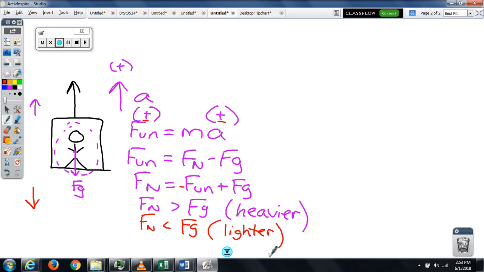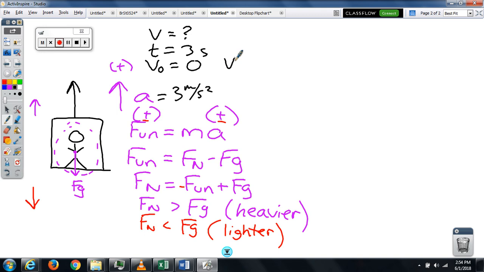Now, here we're dealing with one-dimensional motion. So if you knew the acceleration, for instance, was 3 meters per second squared, and you wanted to know how fast the elevator would be moving after 3 seconds, given that you have the acceleration, the time, and v initial is 0, if you're starting at the ground floor, for instance, then we would use the equation that doesn't have delta y in it.